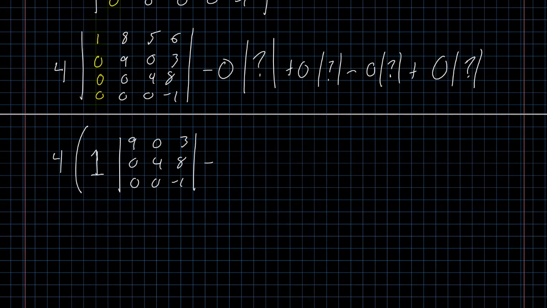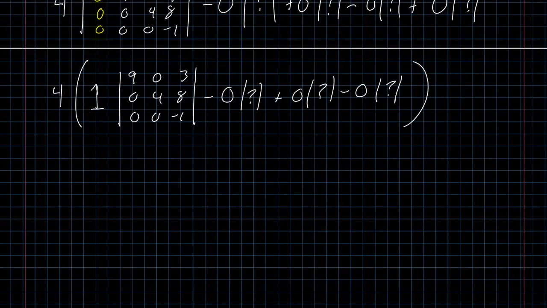Then, continuing down, I get 0 times some matrix plus 0 times some matrix minus 0 times the determinant of some other matrix. And by choosing the correct place to go with all these zeros, I shortcutted 75% of the second step. Cleaning up a little bit, this is 4 times the determinant of that 3 by 3 matrix.